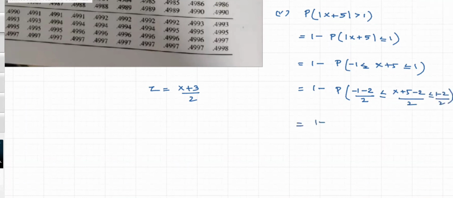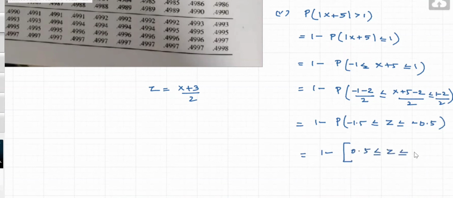Which is same as 1 minus probability of (-3)/2, that is -1.5, less than or equal to (x + 3)/2, the variable z, which is less than or equal to -1/2, that is -0.5. So this is 1 minus probability between -1.5 and -0.5, which is same as probability between 0.5 and 1.5 due to the symmetry.